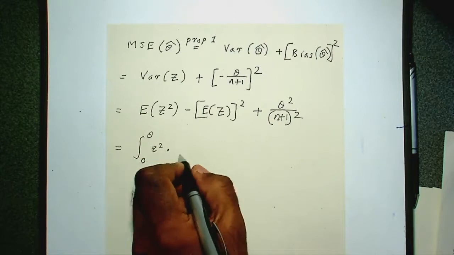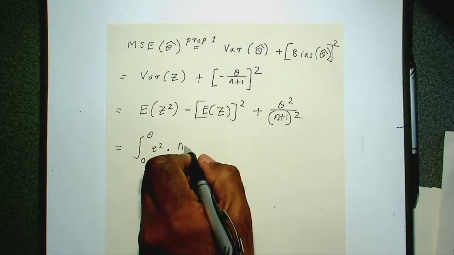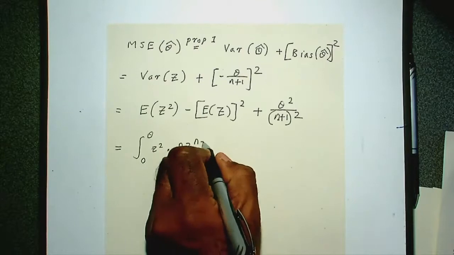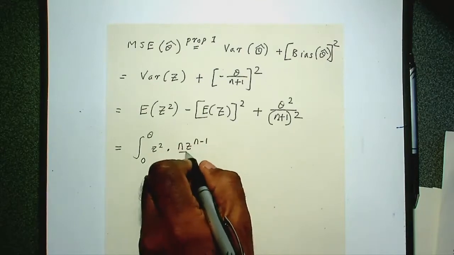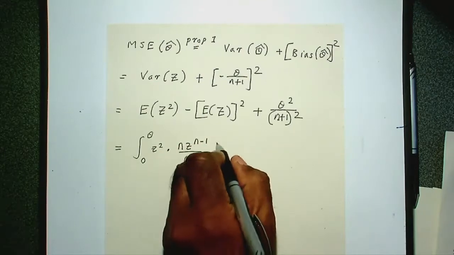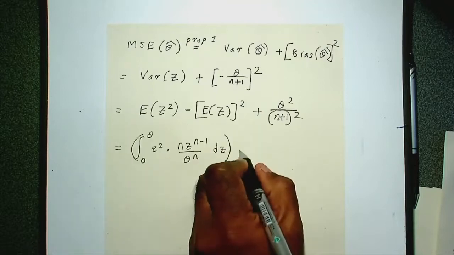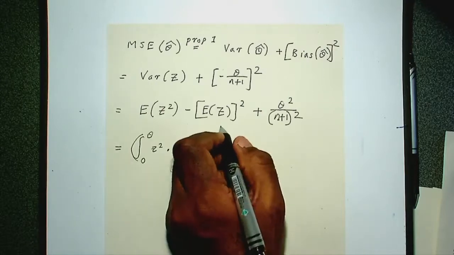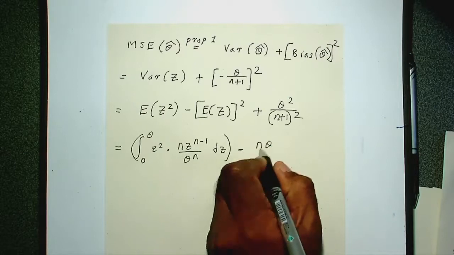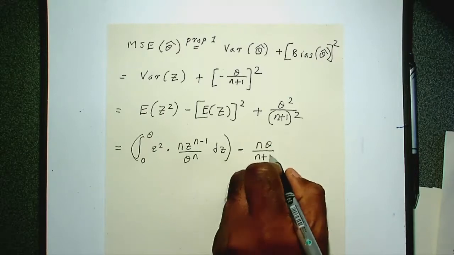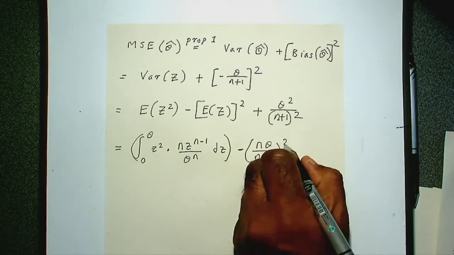Right, this is the first term minus the second term, n theta divided by n plus 1, squared, right?